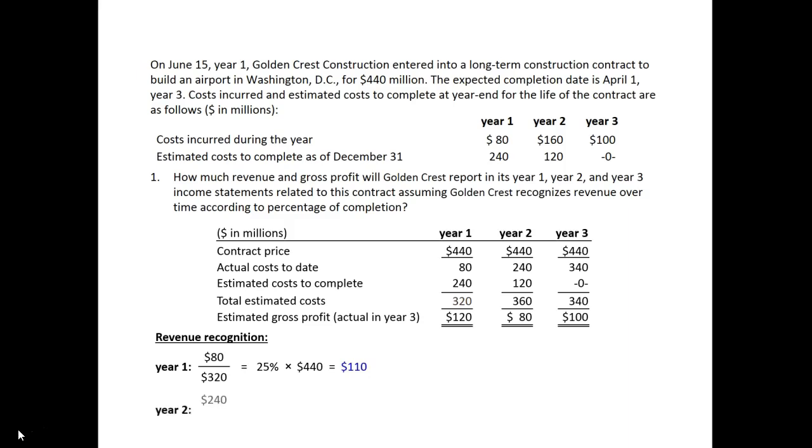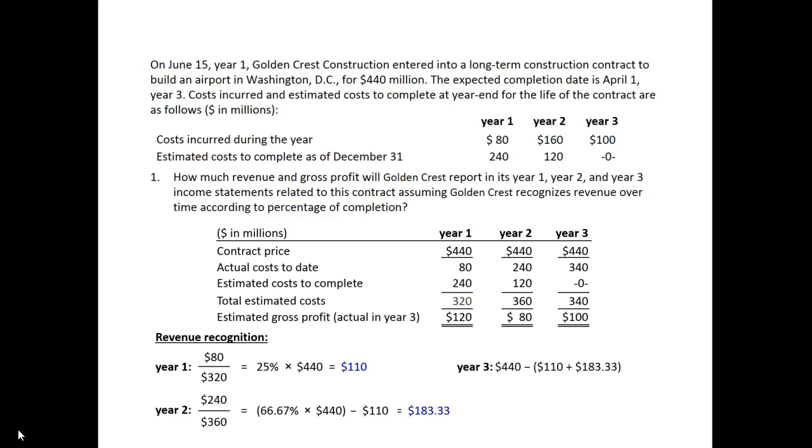In year 2, we do the same. Our $240 divided by our $360 gives us, we anticipate, we expect 66.67 of the contract is completed, times our $440 million price of the contract minus what we recognized in year 1, which would be $183.33 million.